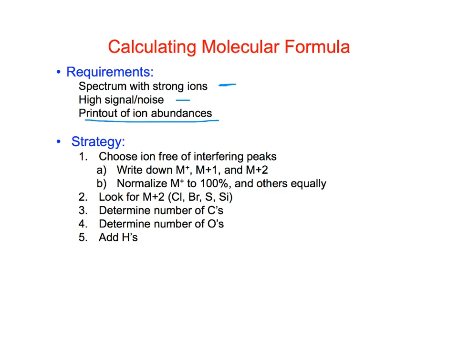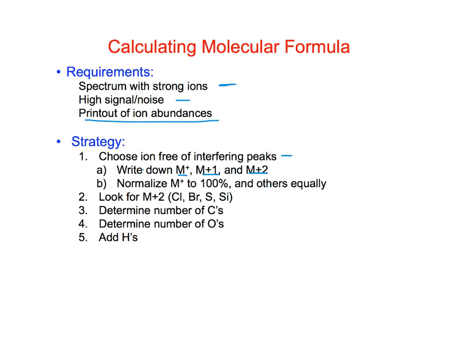And so here's the strategy. We choose any ion that's free of interfering peaks, right? Could be the molecular ion, could be a fragment ion. We're going to write down the masses and the abundances of these three peaks, right? The main peak with the most abundant isotopes, the M+1, and the M+2.